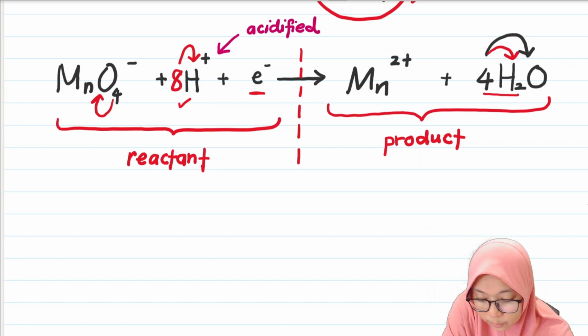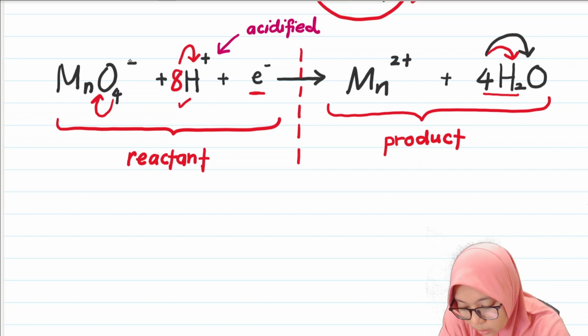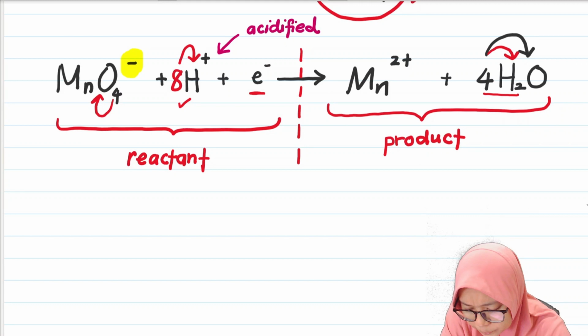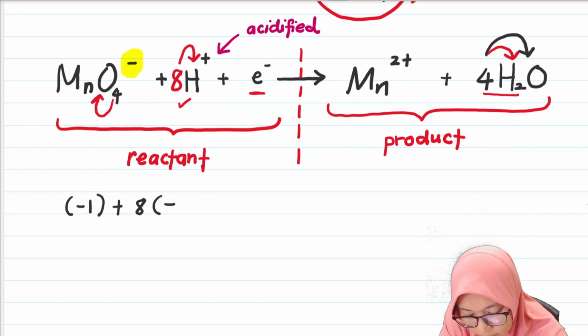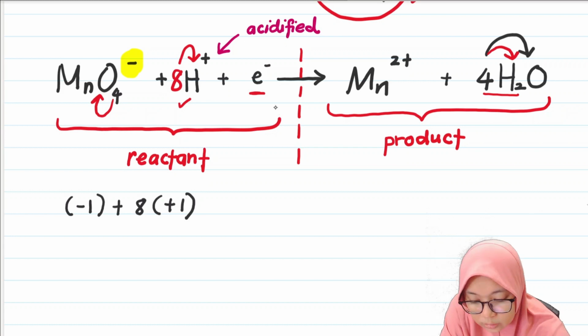Manganate has a negative charge, so -1, and then we have hydrogen with 8 positive charge. We let the electron be an unknown value.